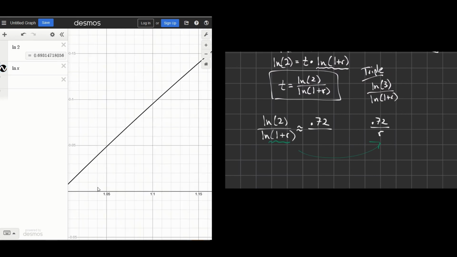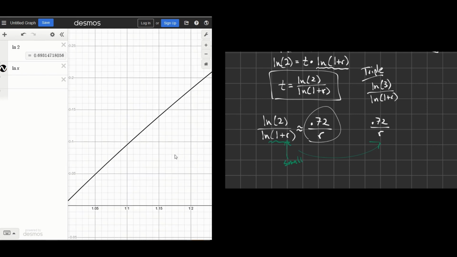But for these small values, whenever R is really small, the natural log of 1 plus R is really close to just R. And that right there is where the rule of 72 comes from, or at least why it works. So that's a cool feature of it, and it just has to do with the fact that those natural logs are really close at those smaller values.